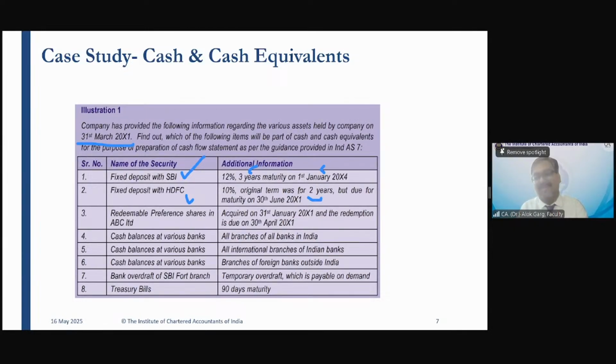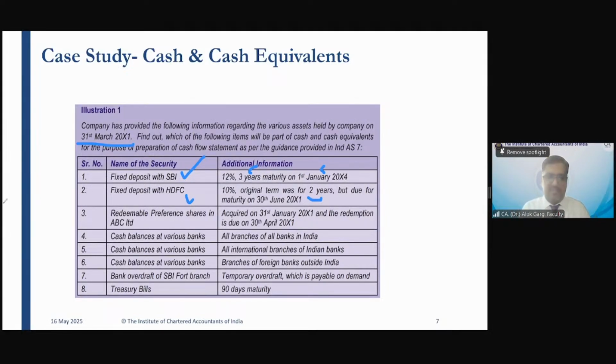The remaining period is 3 months. So for cash equivalent, only those fixed deposits will come which have an original maturity of 3 months from the acquisition date.